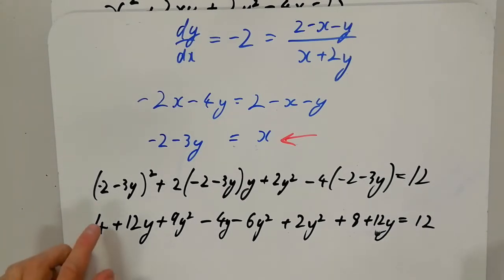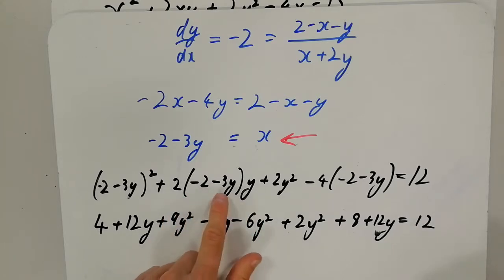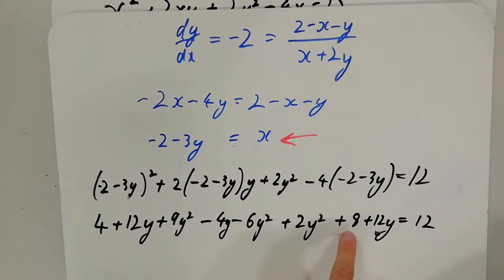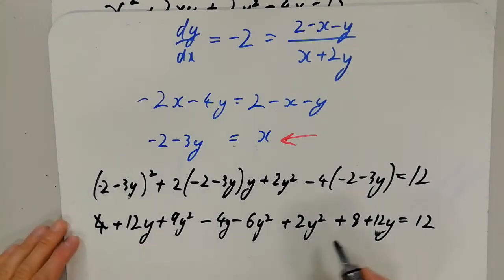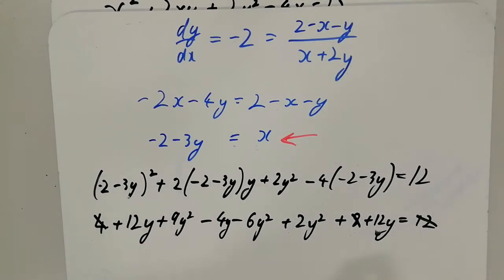I'm just going to double check that before I move on. 4, 12, 9y squared, minus 4y, minus 6y squared, plus 2y squared, plus 8, plus 12y. Cool, that should be good. And now we can tidy this up. I've got 4 and 8 is 12.